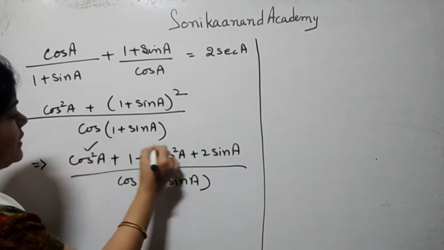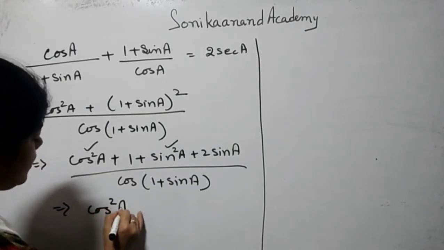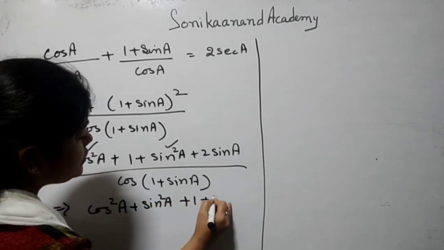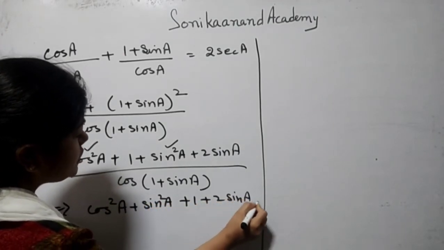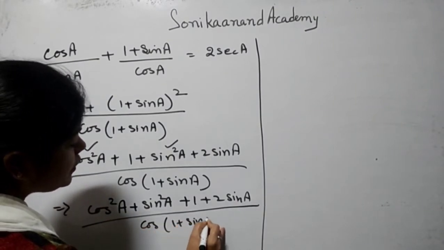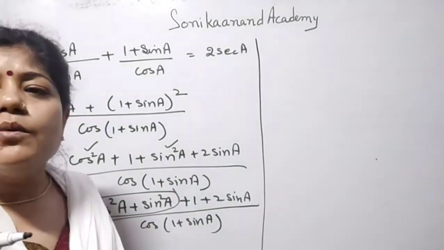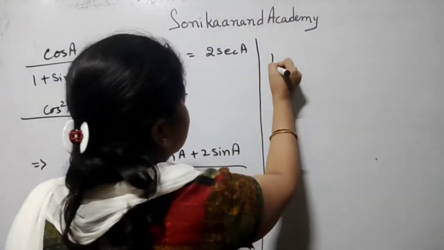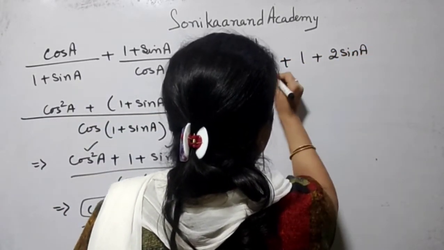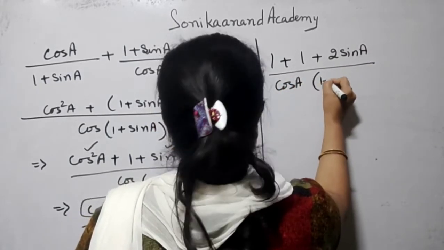Now cos square a and sin square a should be written in one place. Cos square a plus sin square a plus 1 plus 2 sin a over cos a into 1 plus sin a. Now you can observe cos square a plus sin square a is equal to 1. So 1 plus 1 plus 2 sin a over cos a into 1 plus sin a.